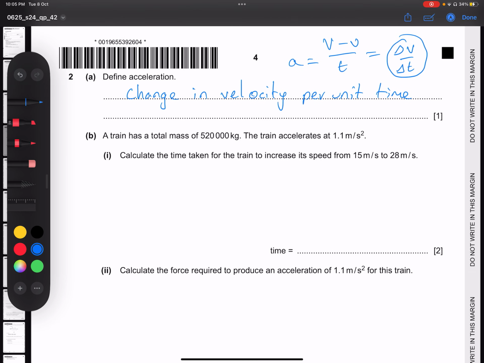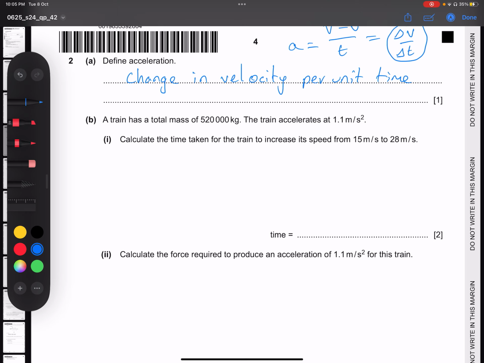Okay, a train has a total mass of 520,000 kilograms. The train accelerates at 1.1 meters per second squared. Calculate the time taken for the train to increase its speed from 15 meters per second to 28 meters per second. So we know that v minus u by t is equal to a.